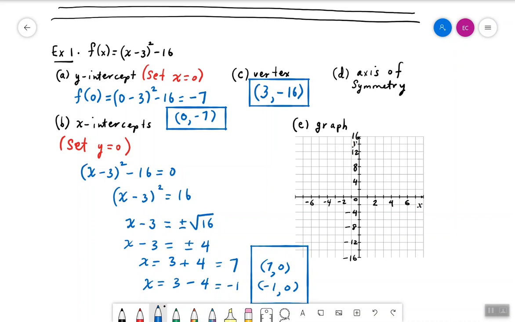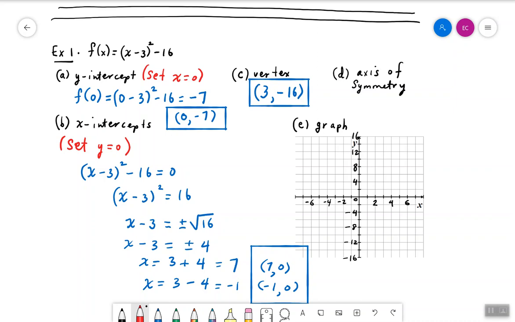Okay, what's the axis of symmetry? The graph is a parabola, so the left side of the parabola is a mirror image of the right, and vice versa. And so the line of symmetry is a vertical line through the vertex.